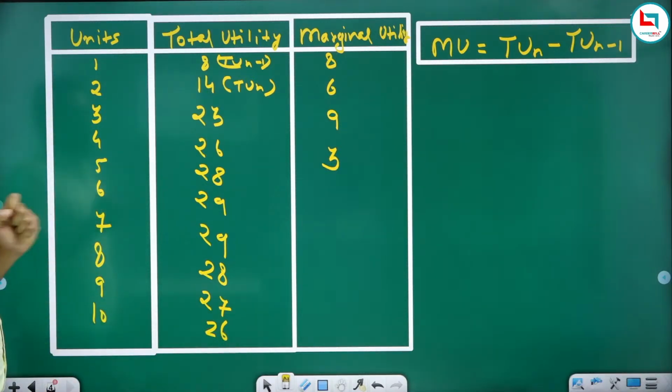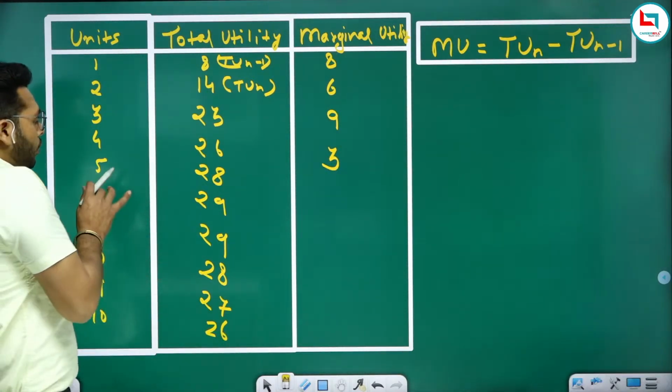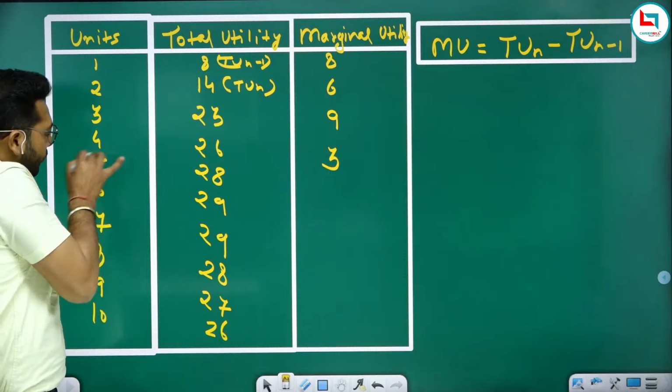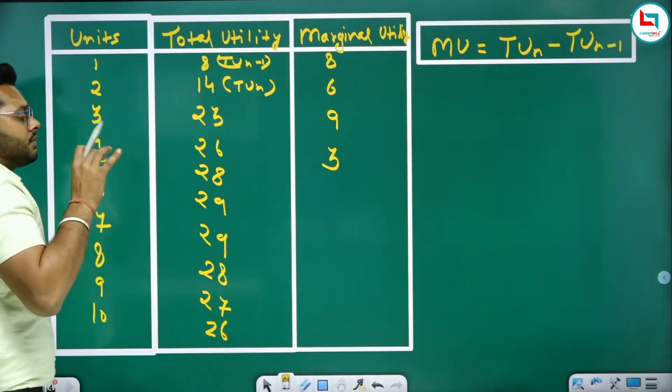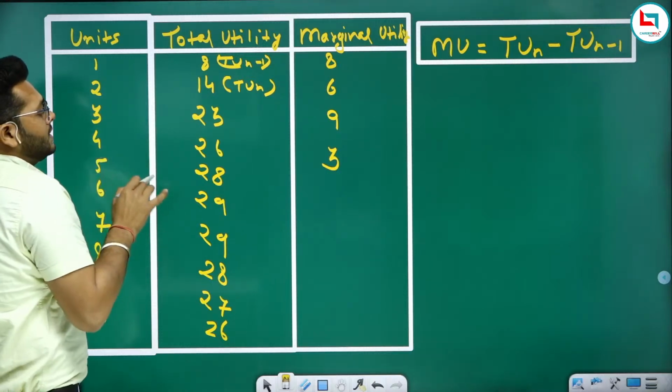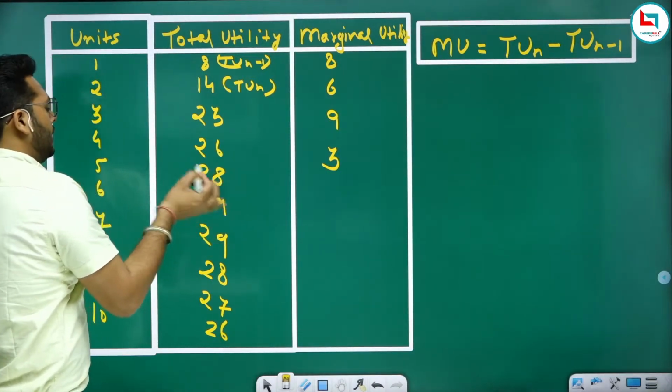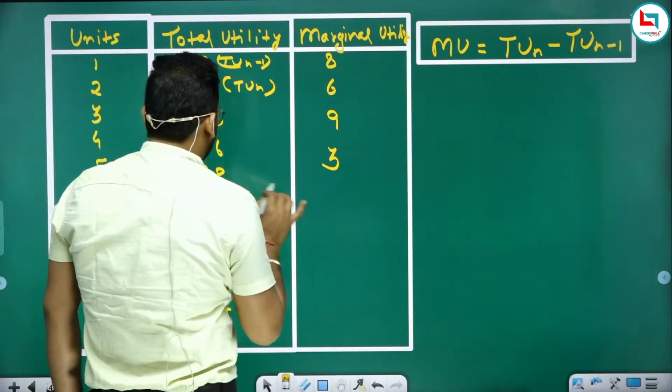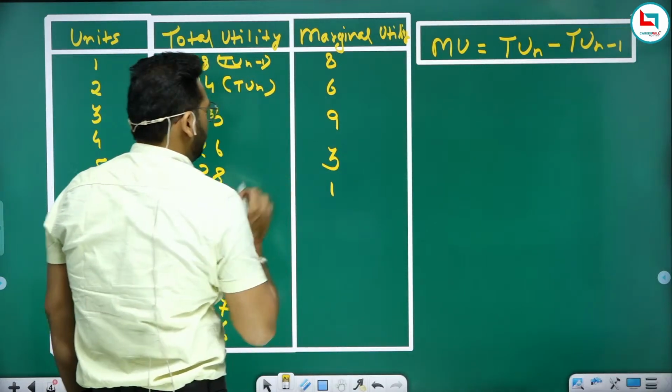Now, again, if you want to have a fifth unit, how much satisfaction did you get from only the fifth unit? So you can say, sir, 29 minus 28 is what? You are getting only 1 util.